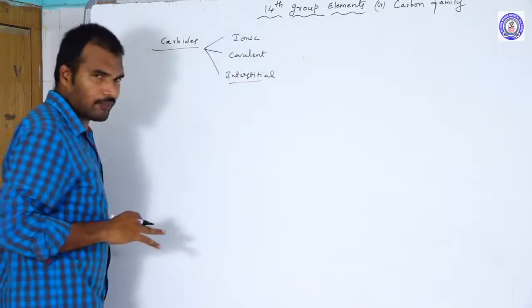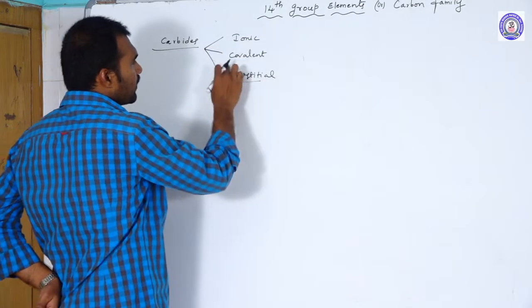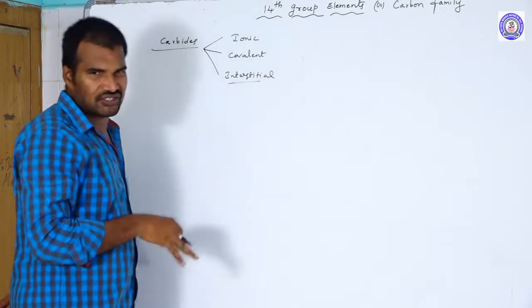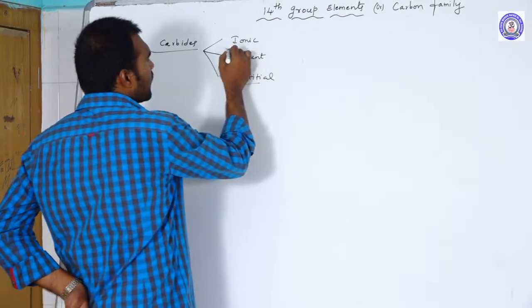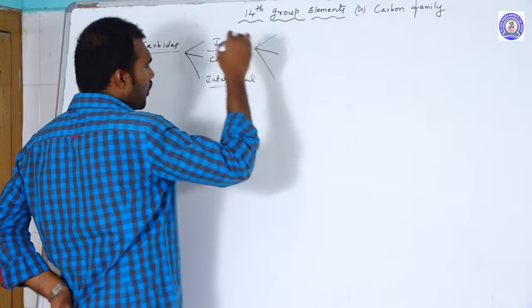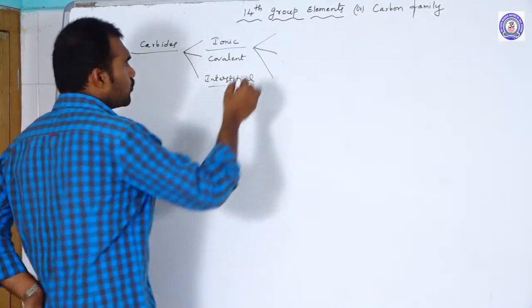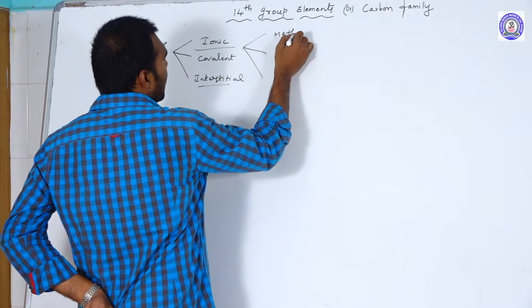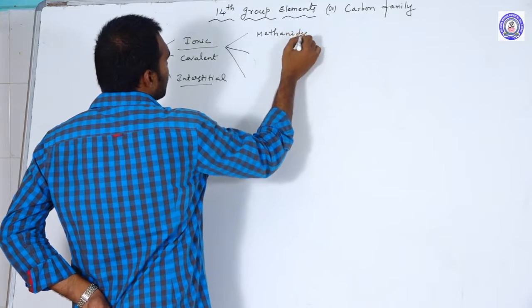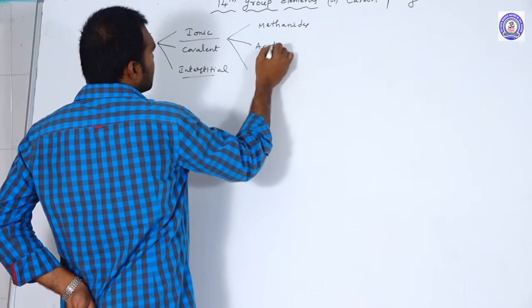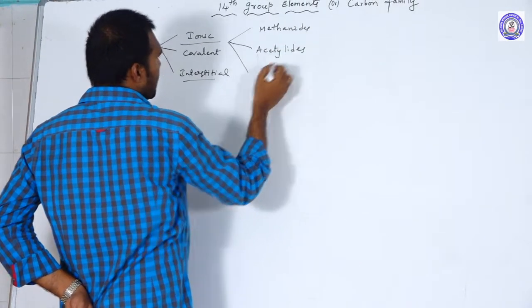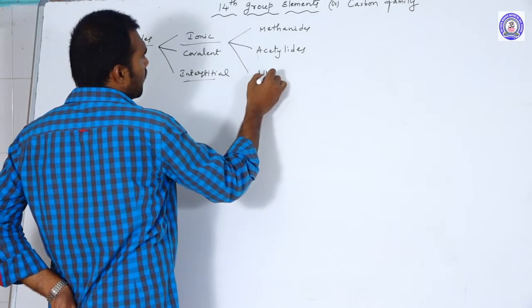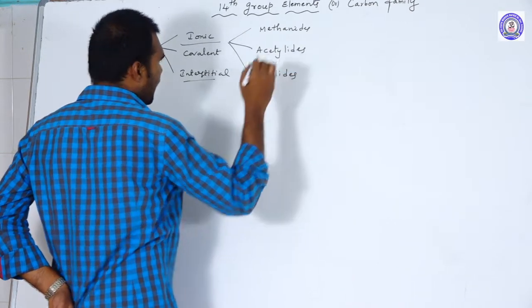They are classified based on that. The ionic carbides are again further divided into 3 types: methanides, acetylides, and allylides.